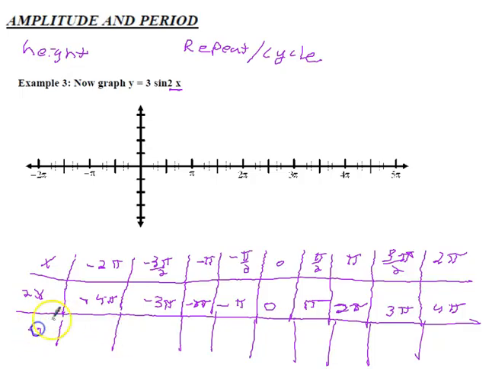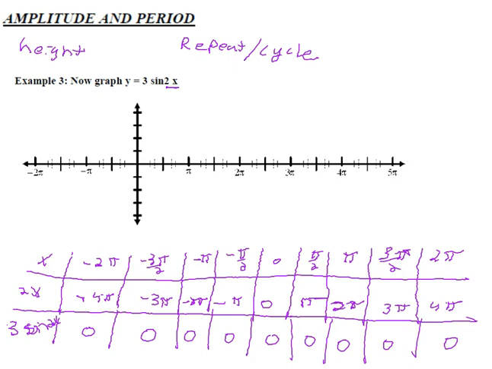And for 3 sine 2x, all of these end up being 0. So at all of these values, we are going to be crossing the x-axis. So now we can place these points. So at -2 pi, we're at 0. At all of these key points, we end up being back on the x-axis.